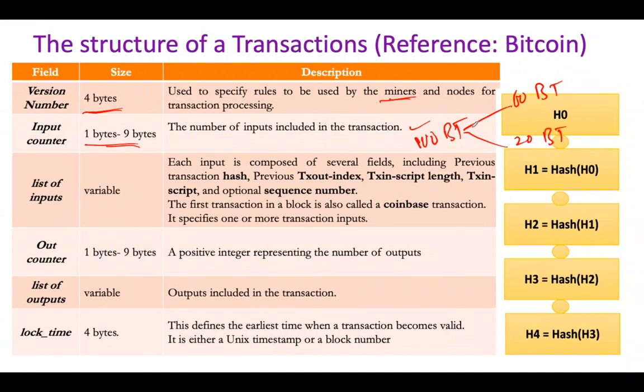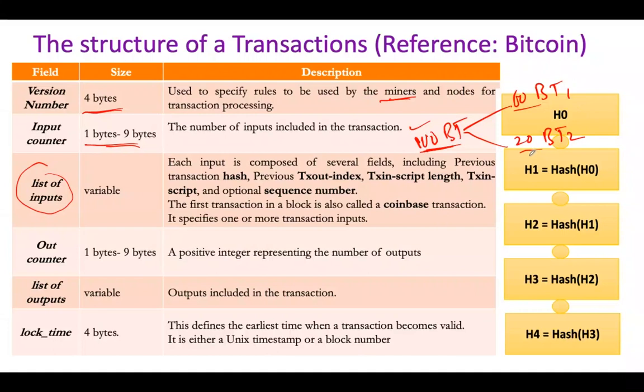These inputs come from the outputs that are unspent, so we call them unspent transaction outputs. So how many inputs are there? This is followed by the list of inputs, input 1, input 2, like that.